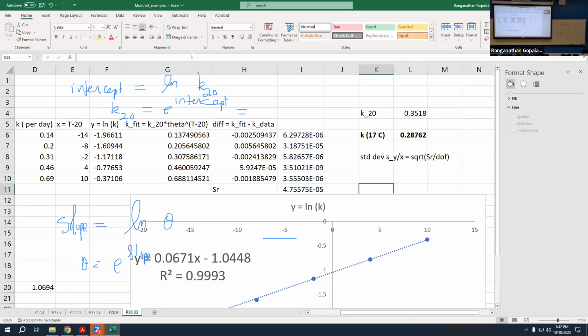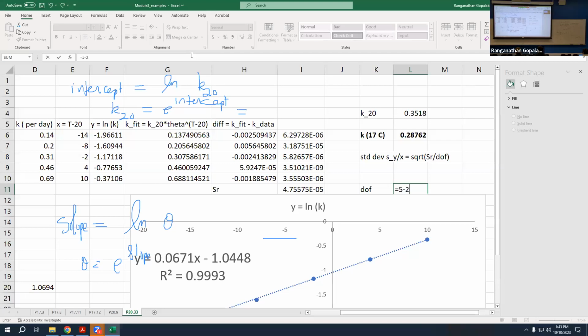What is the degrees of freedom? How many data points are there? 5 data points, 5 rows. How many fit constants? 2. Say it firmly and confidently. 2. So how many degrees of freedom? 5 minus 2.